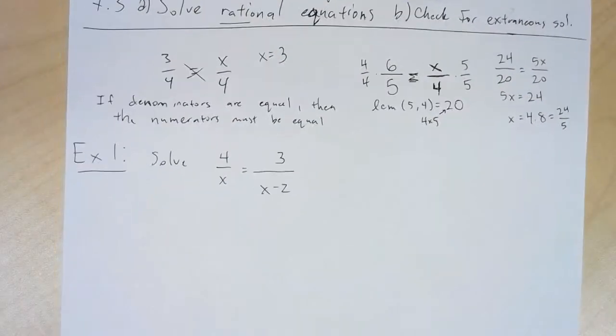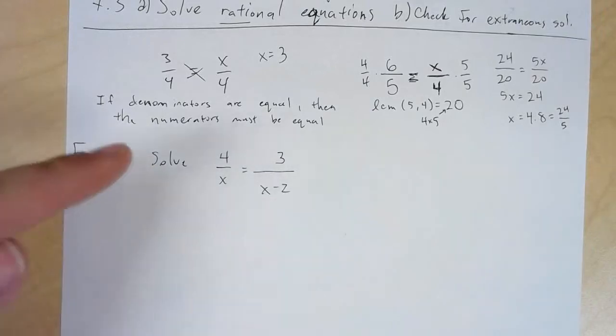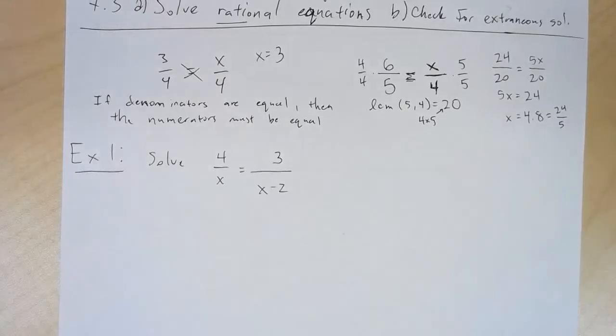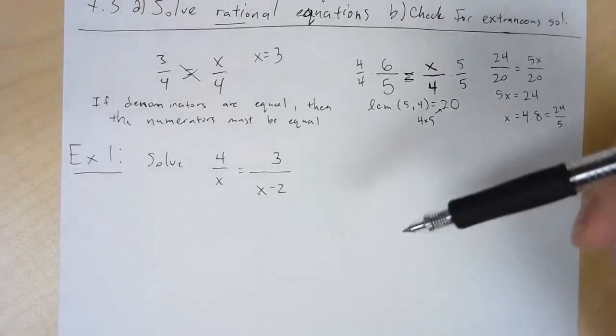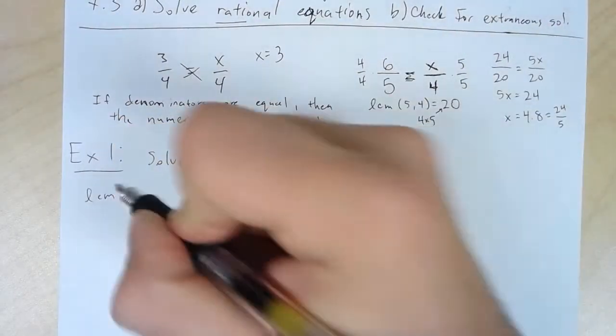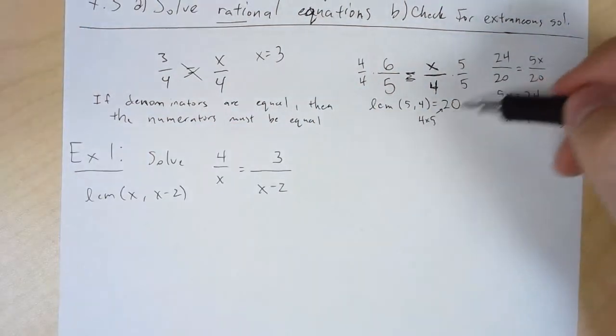So our first step is always, for example 1, we're asked to solve the equation 4 over x minus 2 equals 3 over x. We're asked to find out what x is equal to. So the first thing we should always do is find out what the least common multiple is. So we're looking for the least common multiple of x and x minus 2. And if you remember, you can always just multiply.